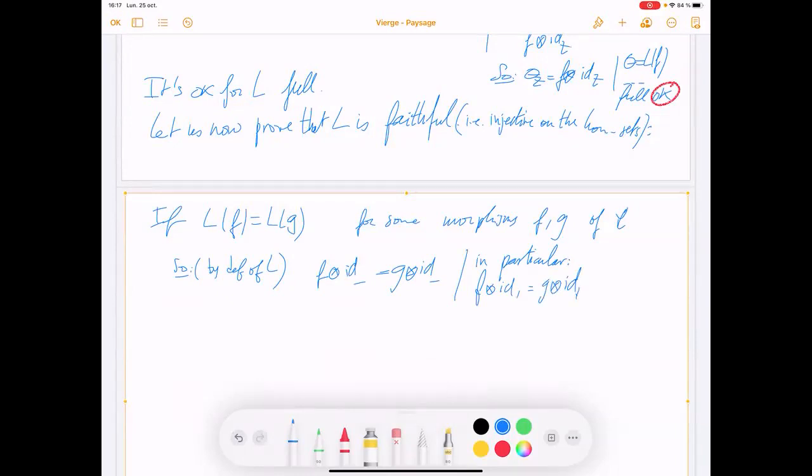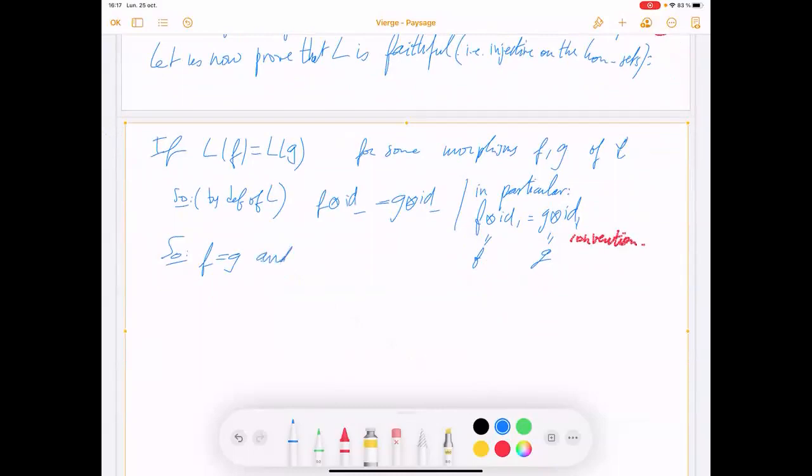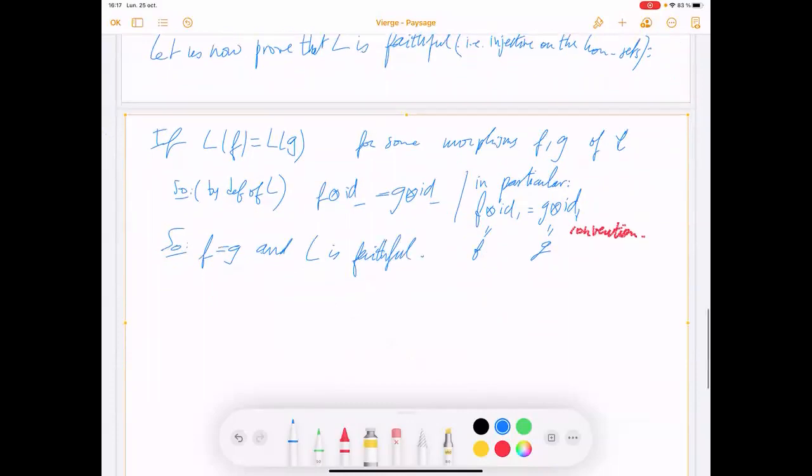But this is equal to f, and this is equal to g, again by the convention. So f equals g and L is faithful.